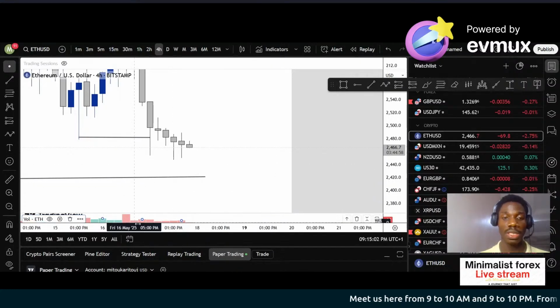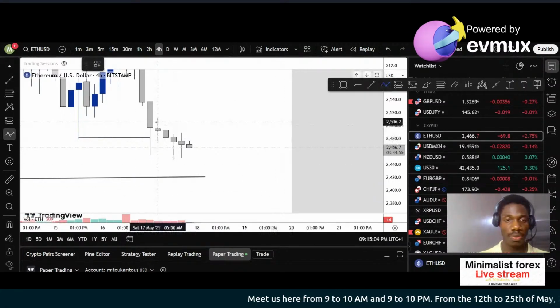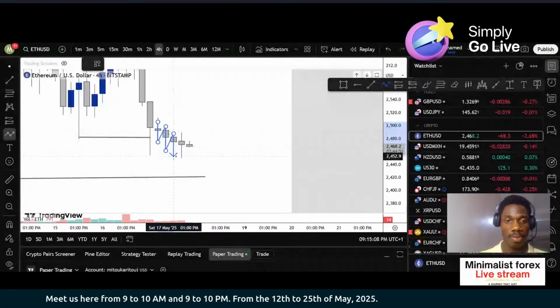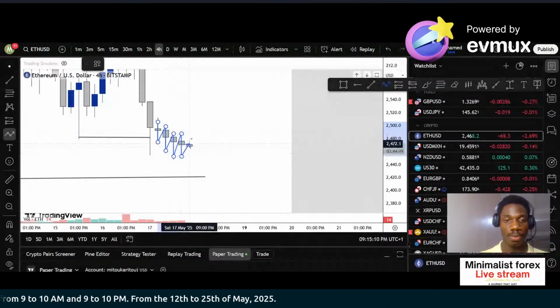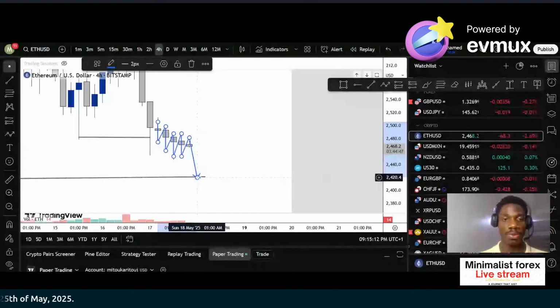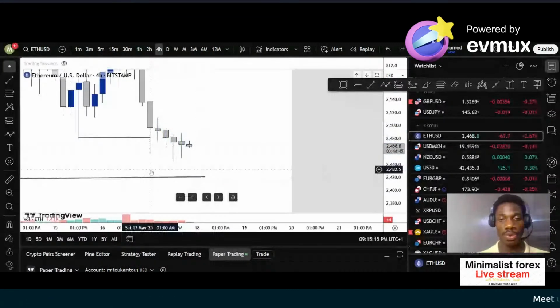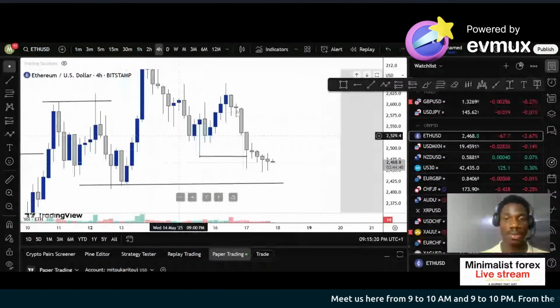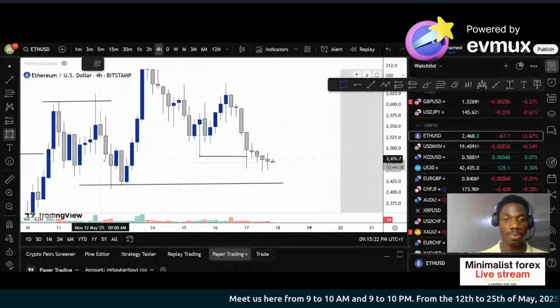Okay, so price kept doing this within this area, right? So we're expecting price to eventually come down to take out that area. What do we want to do in this scenario? Price is always going to react off demand. Okay, there's a demand zone here.